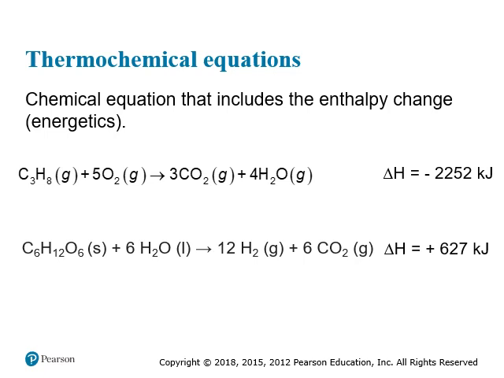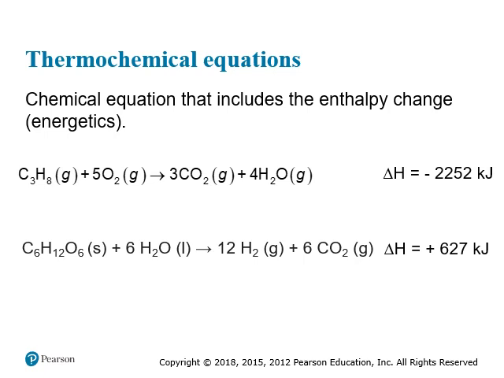The first reaction listed speaks to the combustion of propane. The energy value associated with it is a negative 2252 kilojoules, which means that for every 1 mole of propane that undergoes combustion, we see nearly 2300 kilojoules worth of energy released by the system into the surroundings.